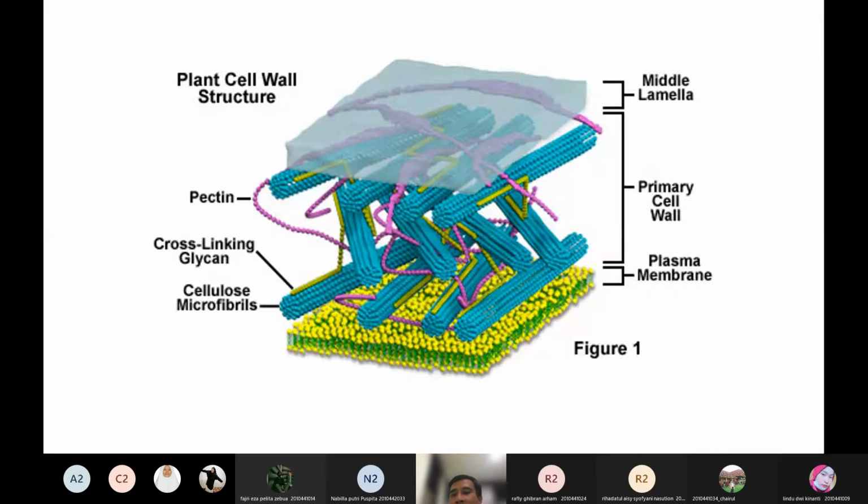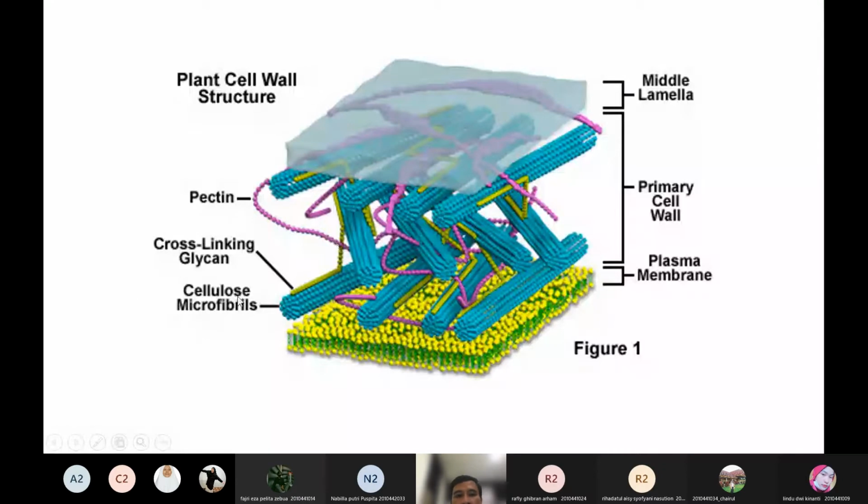So, friends from physics, you may be inspired to design structures that have flexibility and strength like the cell walls of plants like this. You see here the very well arranged structures. There is pectin. This is a very strong cellulose here.